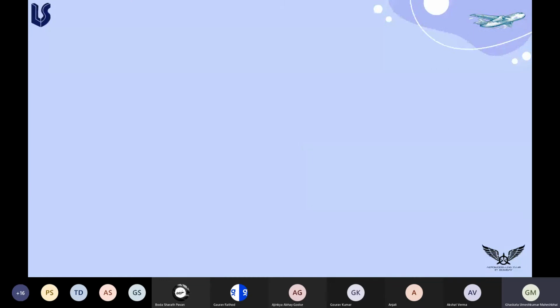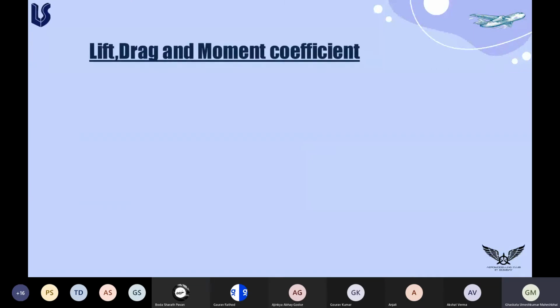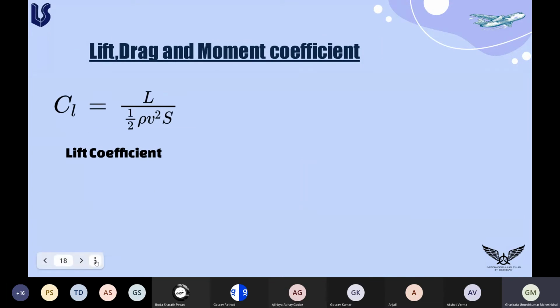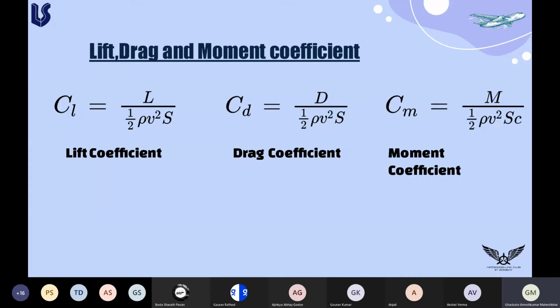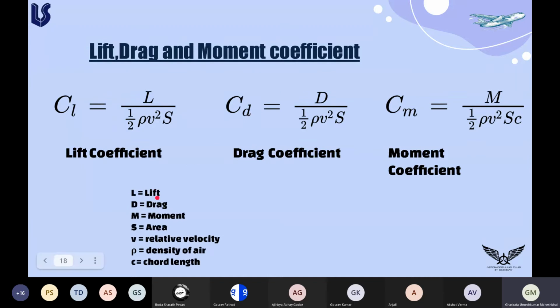So that is parasitic drag. The next is lift, drag and moment coefficient. The lift coefficient CL is denoted by L by half rho v square into S, the drag coefficient CD is denoted by D by half rho v square into S, and the moment coefficient Cm is denoted by M by half rho v square into S into c, where L, D, and M are respectively lift, drag, and moment.